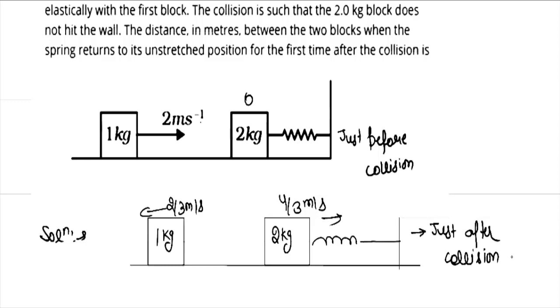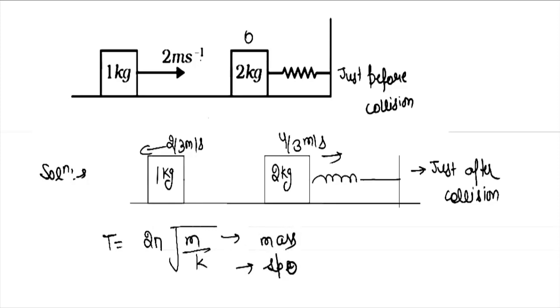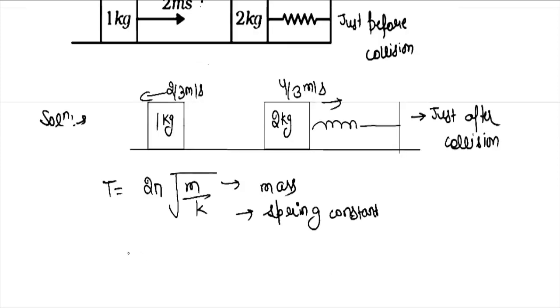From this we can write the time period, which is equal to 2 pi under root m divided by k, where m is the mass and k is the spring constant. So this is equal to 2 pi second here.